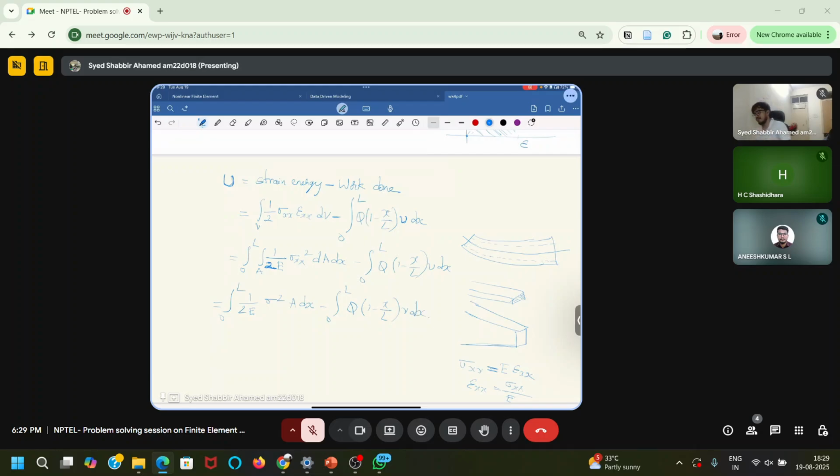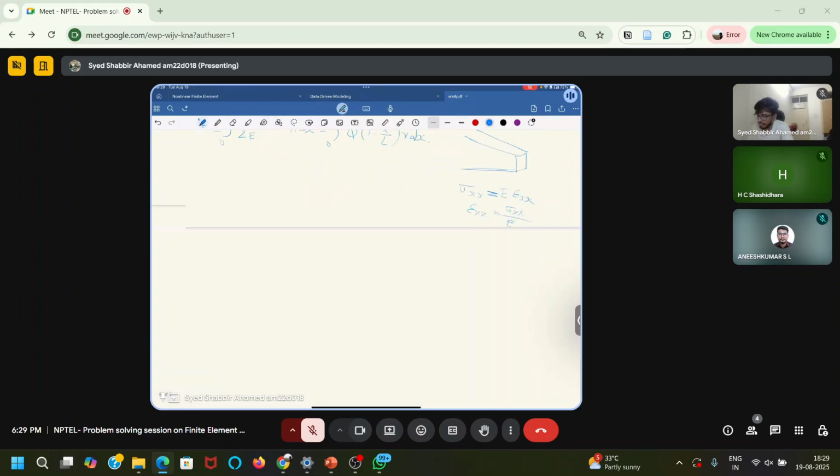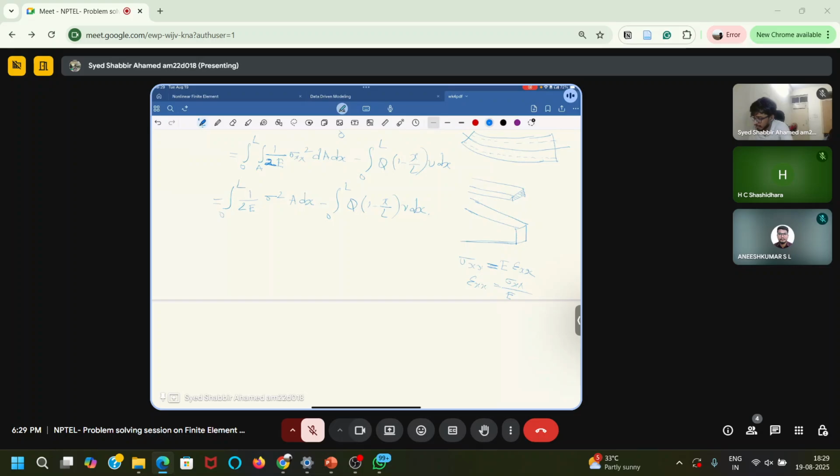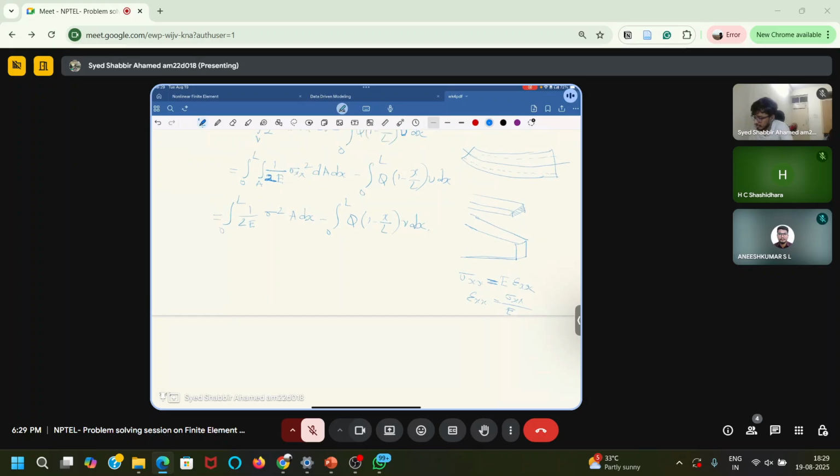Now, we know this Euler-Bernoulli beam equation, the relation between stress and the moments, the famous equation which you might have heard in the strength of materials class while you were learning the Euler-Bernoulli beam equation, which is M by I is equal to sigma xx by y.